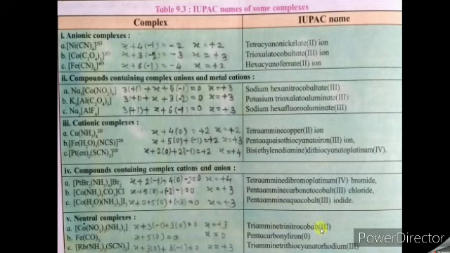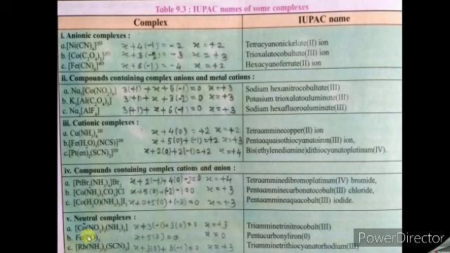So it is neutral compound. So there are 3 NO2 groups, so trinitro, but ammine is there, so A is alphabetically first, so triamminetrinitrocobalt(III). Okay. Then [Fe(CO)5]: X plus 5 into 0 is equal to 0 because CO is neutral. X is equal to 0, so write down in round bracket 0.